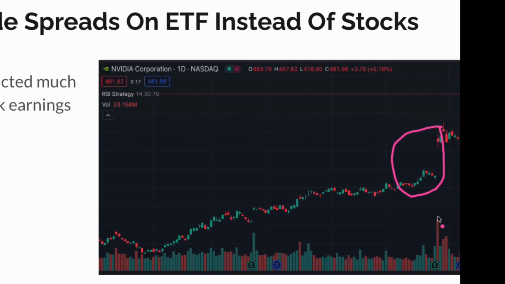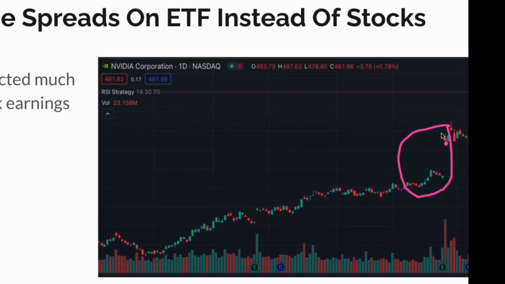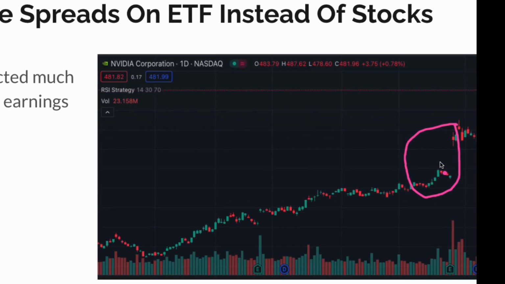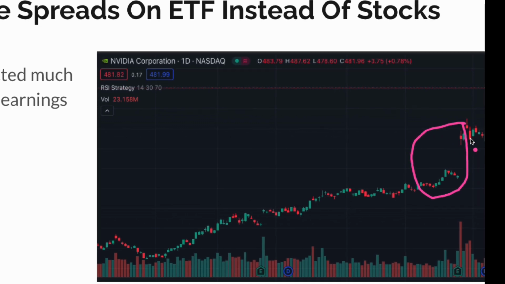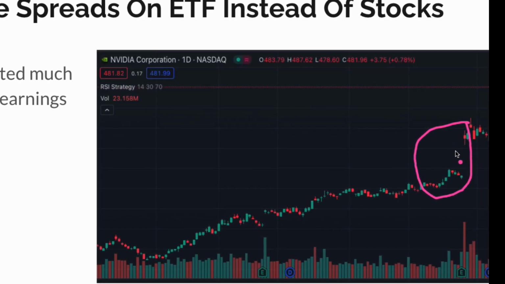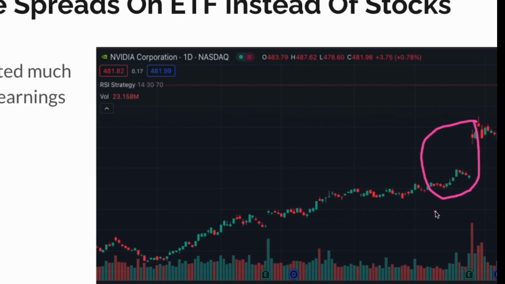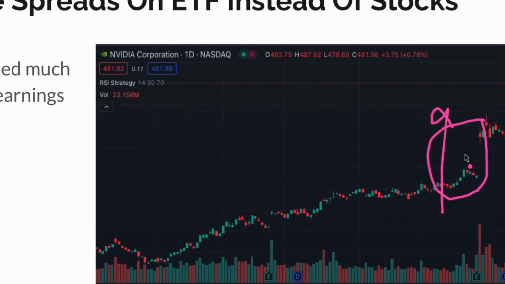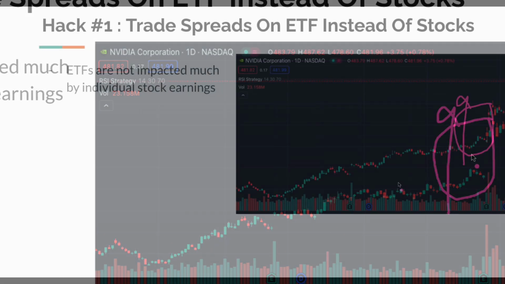So in this case, if you had played a call credit spread, where you expect Nvidia to not move that much for you to make the complete 100% profit, since it gapped up really quick, you would be losing your complete capital if you had played that bear call spread or call credit spread.